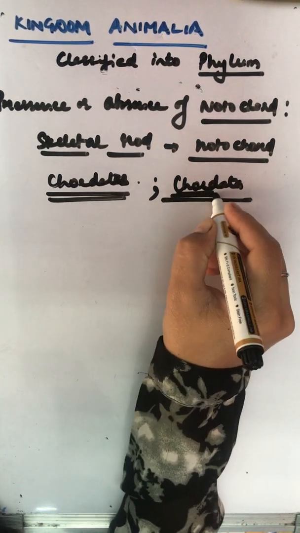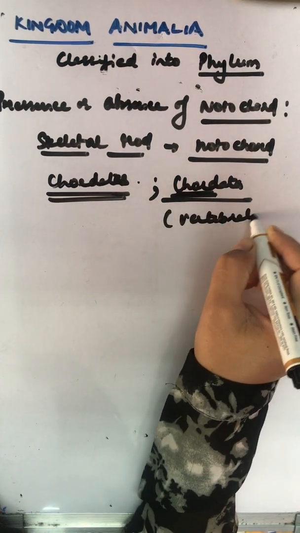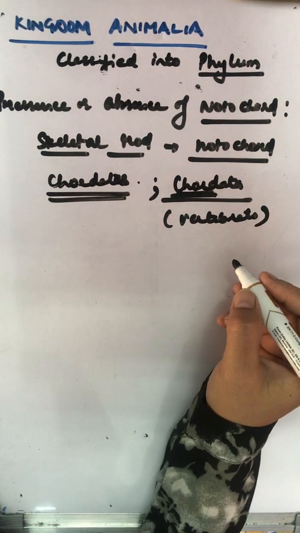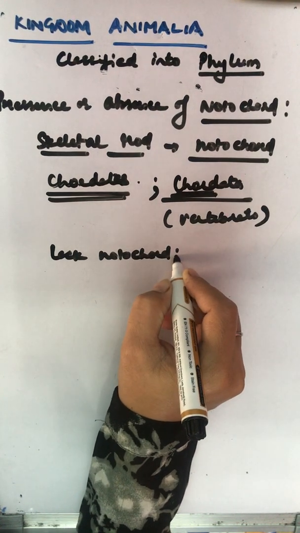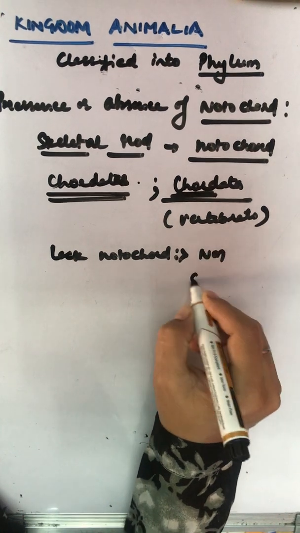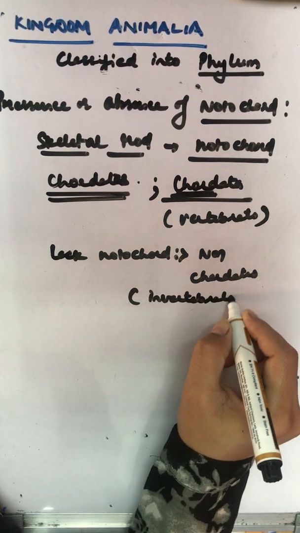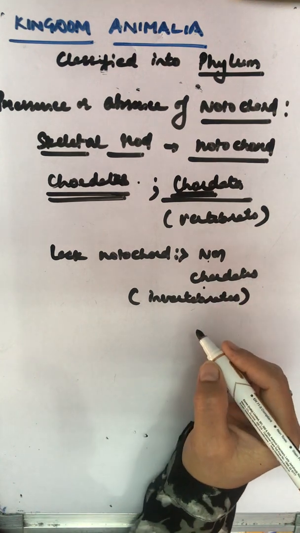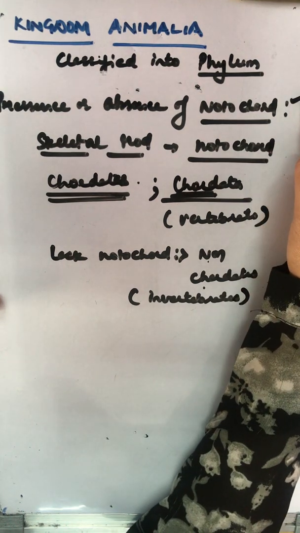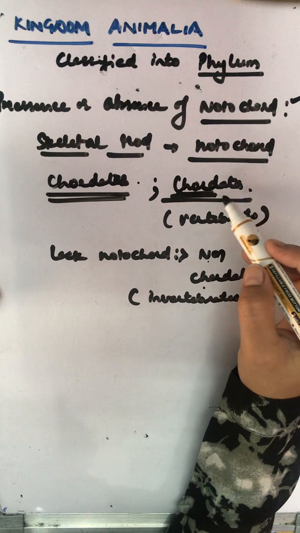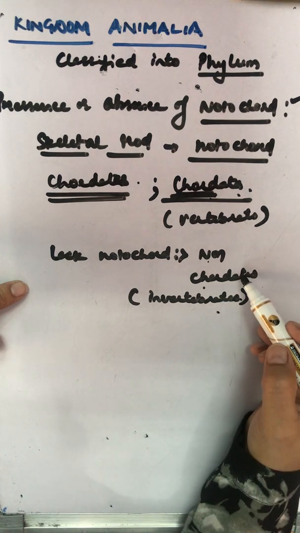They have a chord, that's why Chordata. And all these chordates are known as vertebrates. Those which lack a notochord we call non-chordates, and non-chordates are invertebrates. This is a distinct feature, presence or absence of notochord.